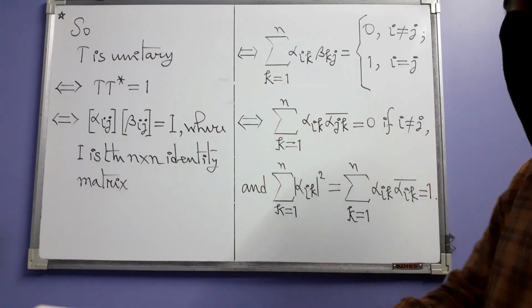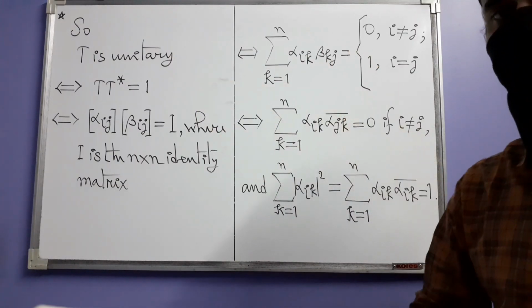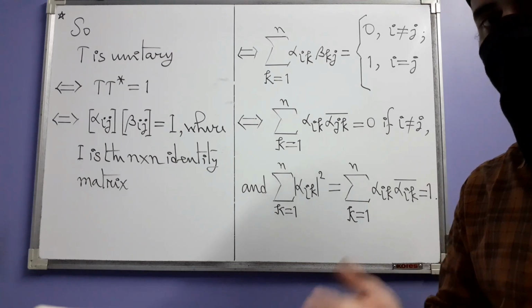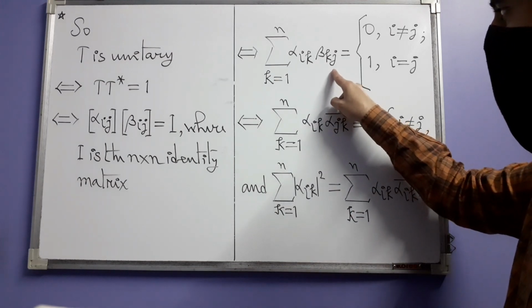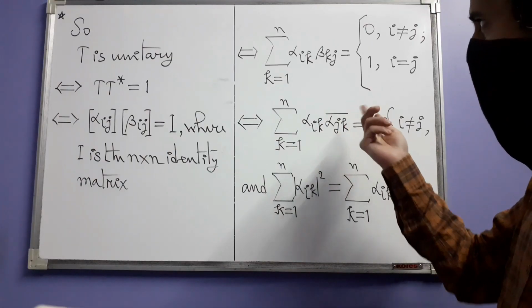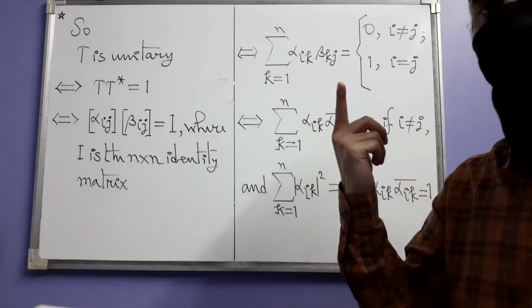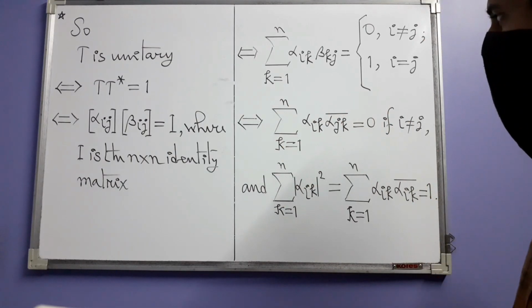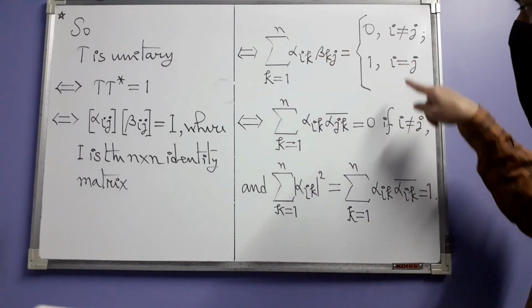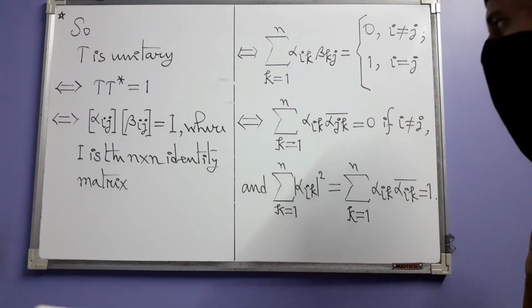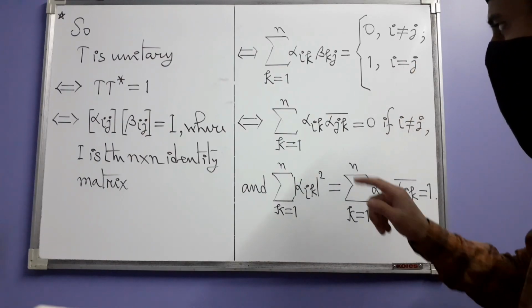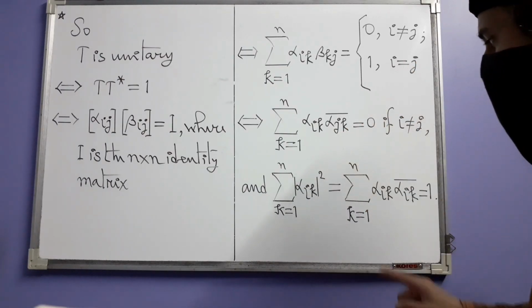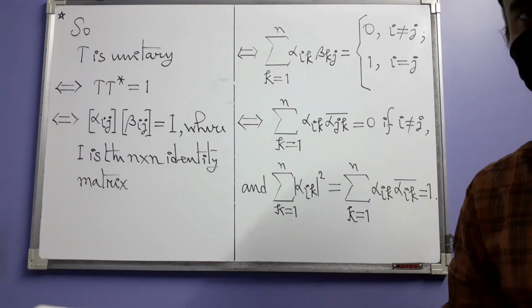But the theorem provides us with these betas. It tells us exactly what these betas are. So in place of beta_kj, you can write alpha_jk bar, the complex conjugate. So that should be equal to 0 if i is not equal to j. However, if i is equal to j, then in place of alpha_jk bar, you will just have alpha_ik bar.